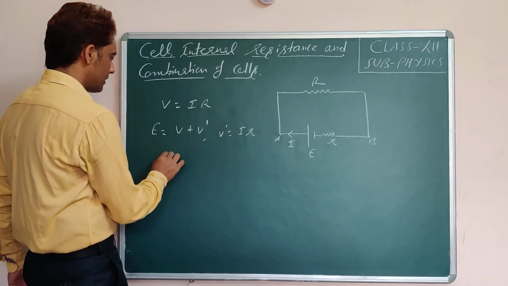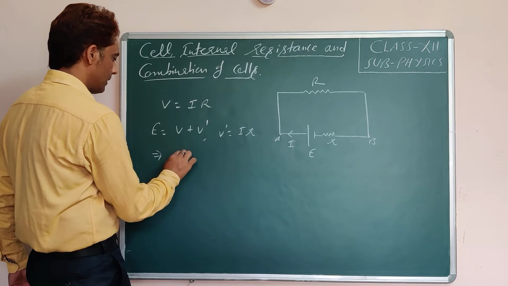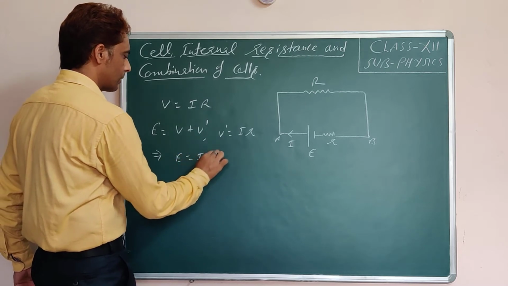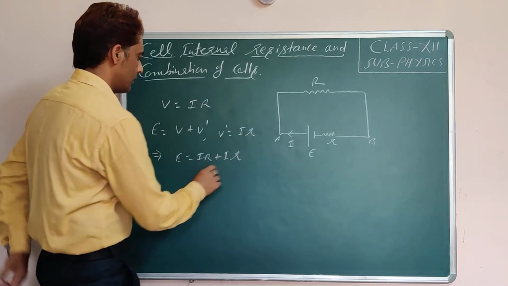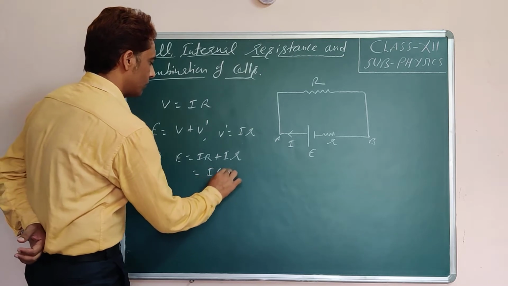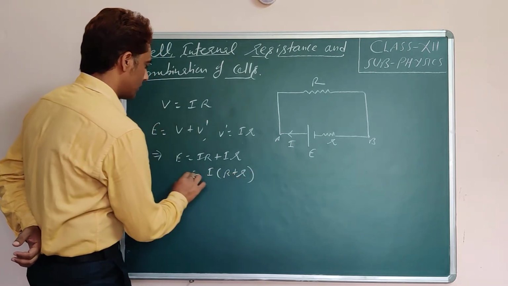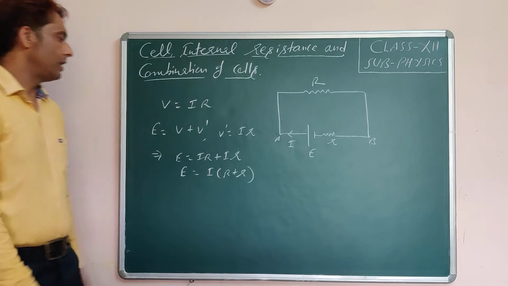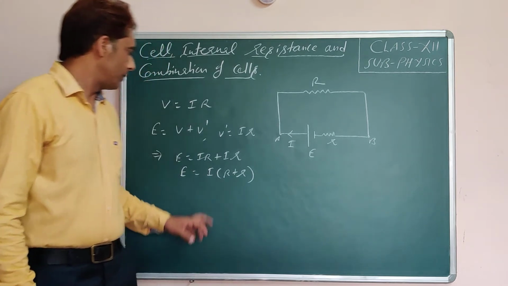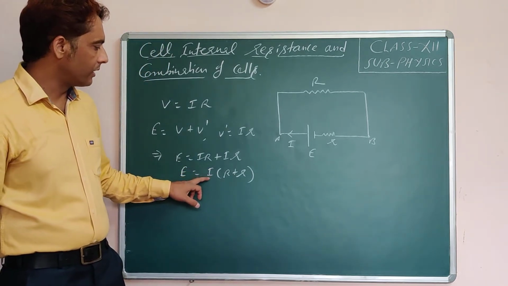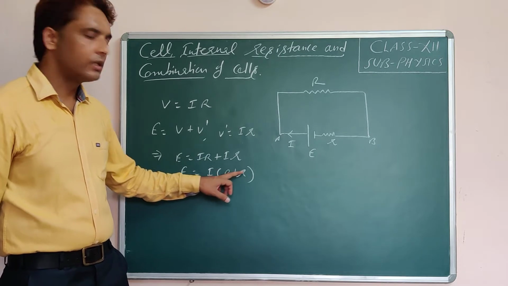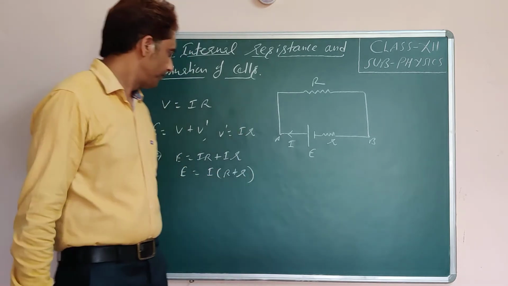So we can write E is equal to IR plus I into r, that is equal to I into (R plus r). So this is the relation between EMF, current, external resistance and the internal resistance of the cell.